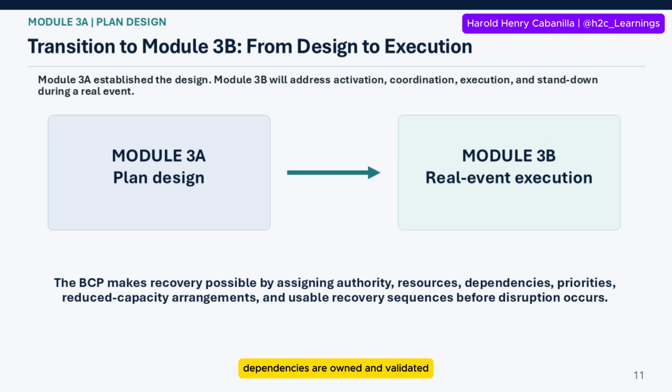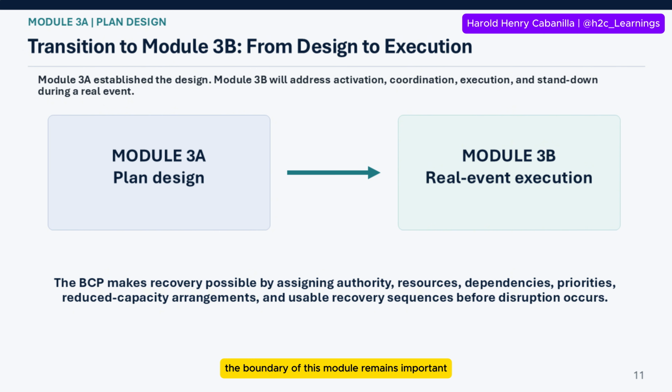Dependencies are owned and validated. The five-block structure gives the plan a practical shape. Asset loss arrangements prevent the plan from becoming an endless hazard list. Minimum acceptable capacity and sequencing keep the recovery design realistic. The approval readiness test confirms that the plan is usable, controlled, and aligned to the BIA.